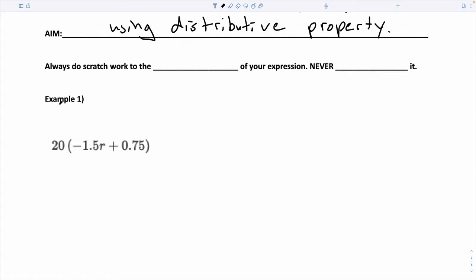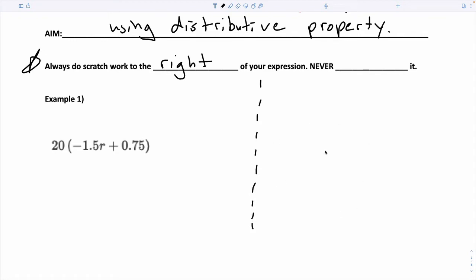So when we are doing this work, there's a strategy I've shown you on the notes the last 2 months, but I haven't actually really verbalized it. And here's my first time giving you a reasoning behind why I set up math the way I do. I always do scratch work to the right. Do you guys notice that I always do that?